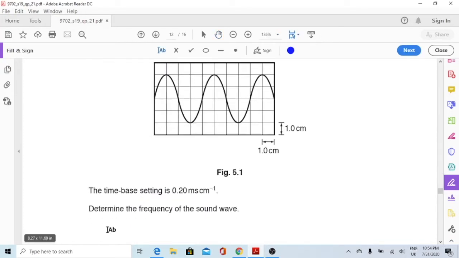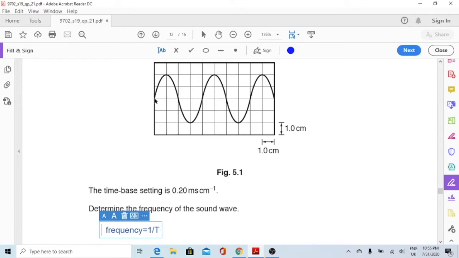So the formula for frequency is 1 divided by time period. Time period is the total time taken for one complete oscillation. Now we can find the time taken for one complete oscillation from the graph given above. One complete oscillation is one successive crest and one successive trough.